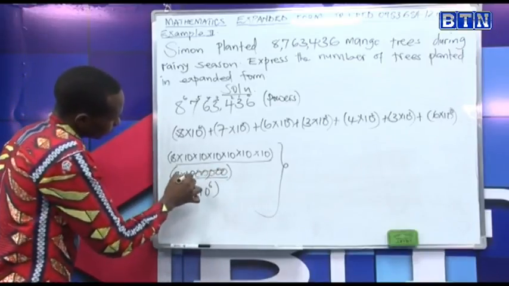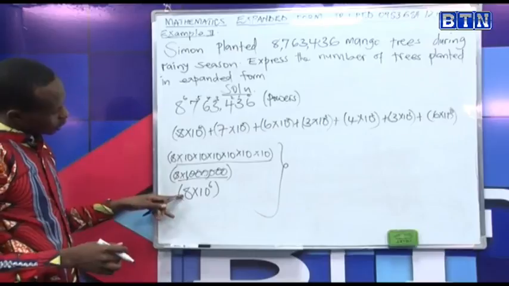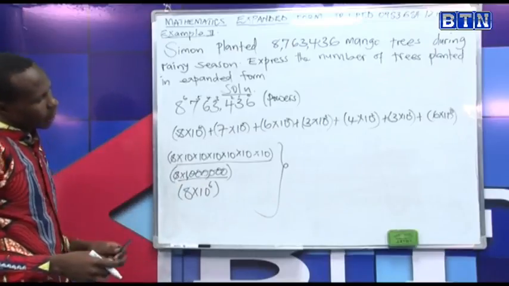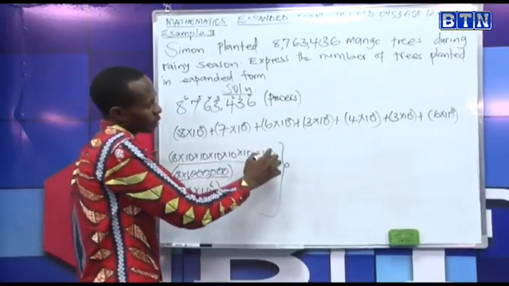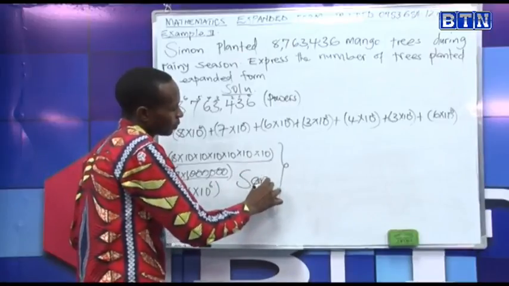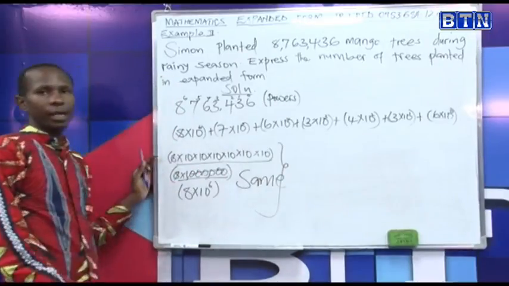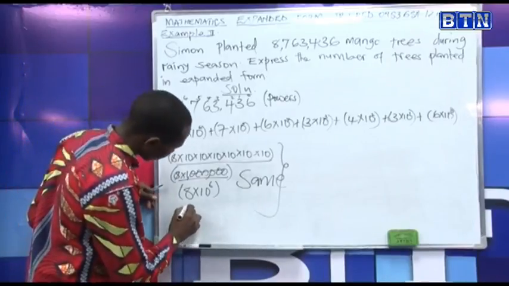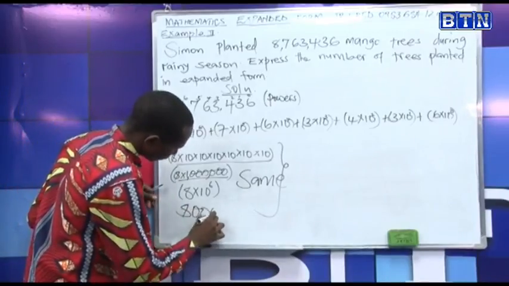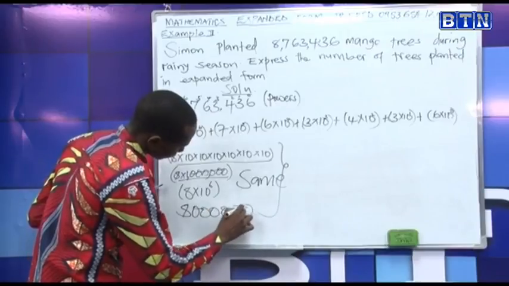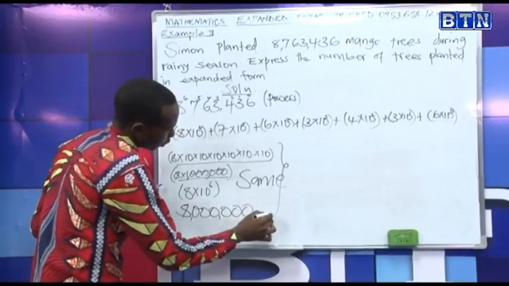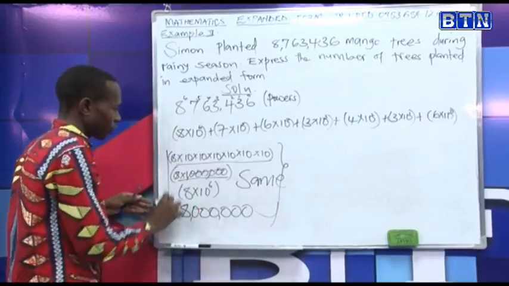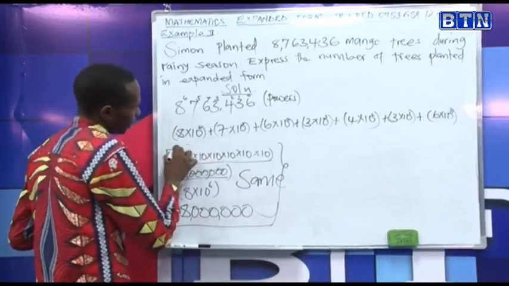Then another person has 8 times 10 to power 6. All these statements here are the same. There is not any big difference. At the same time, another person can also have 8 million. All these four statements, they are the same.